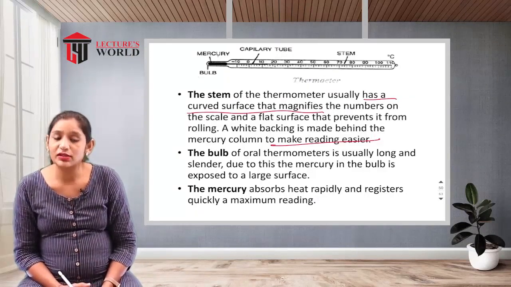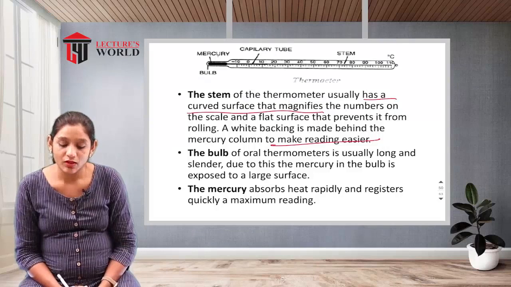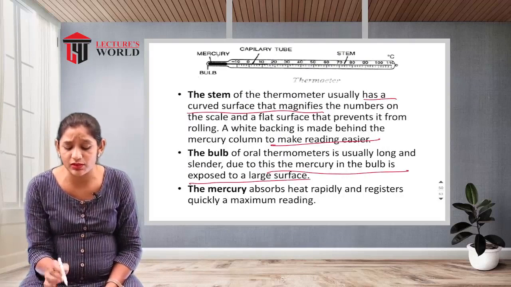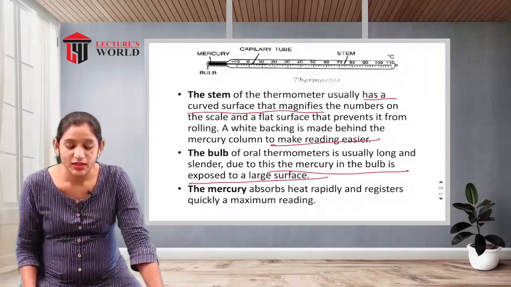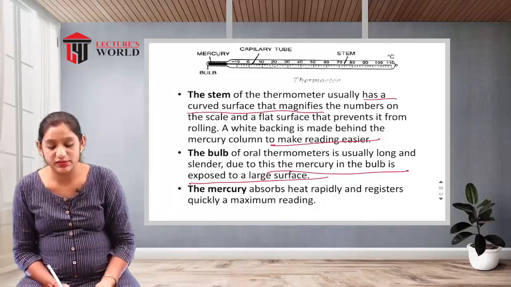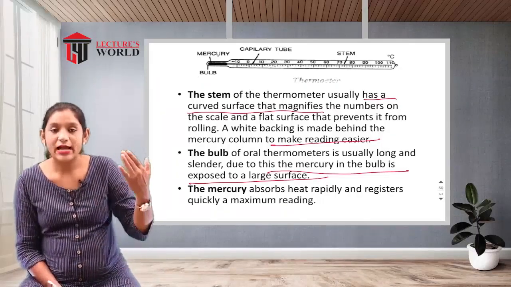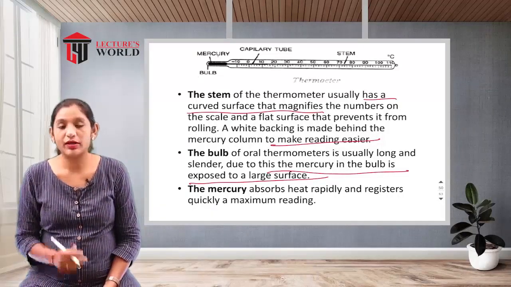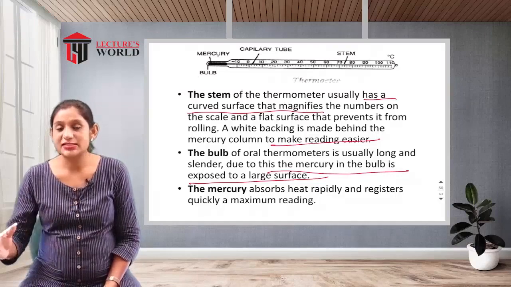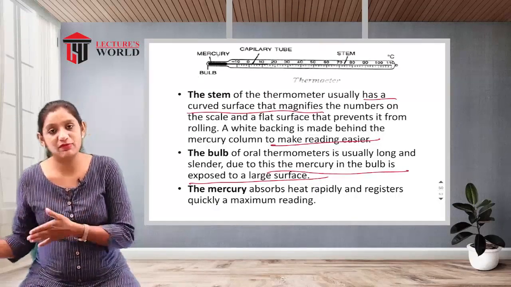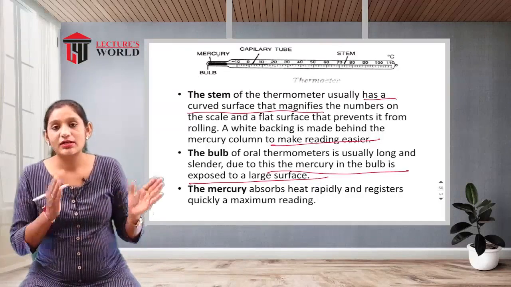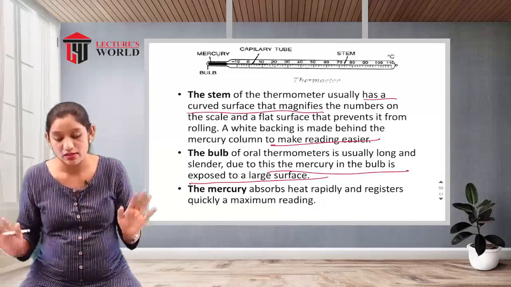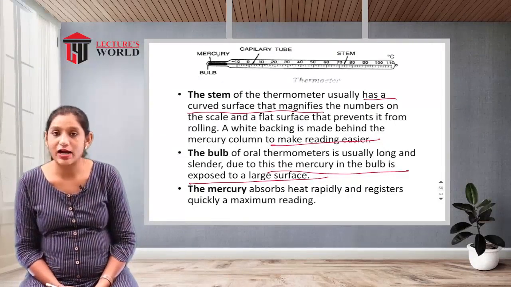The bulb of the oral thermometer is usually long and slender, a slender rod shape. Due to this, the mercury in the bulb is exposed to a larger surface.